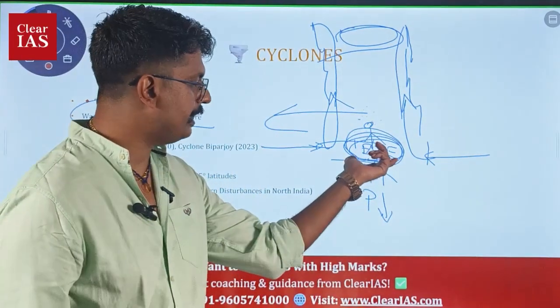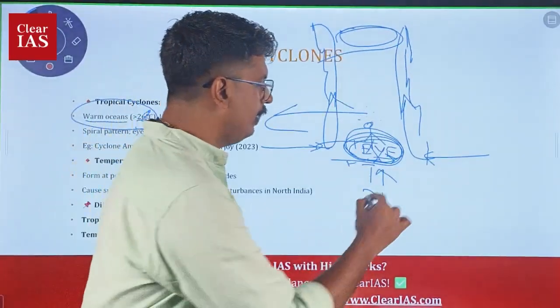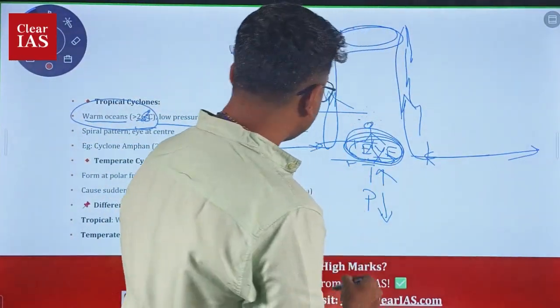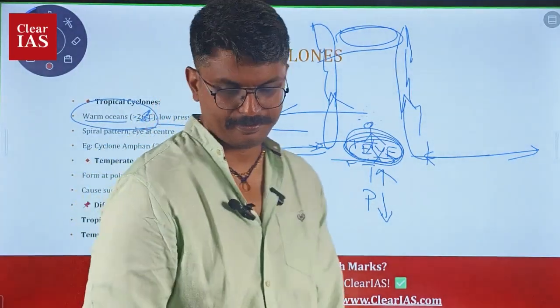So this center region is called the eye of the cyclone and the other regions are called the surrounding areas.